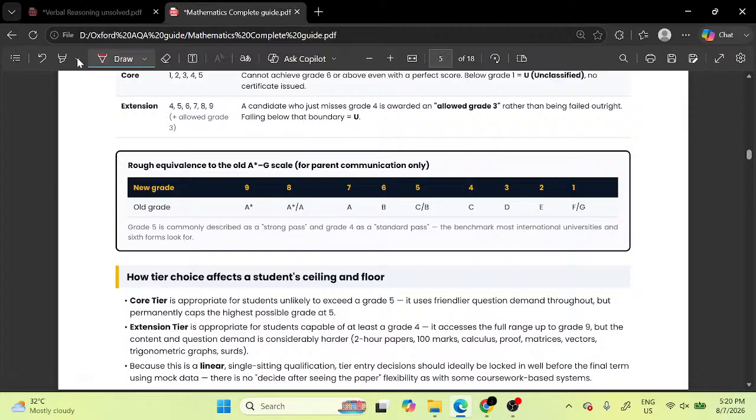A star is exactly 9, and A star or A sometimes gets 8. A is 7, B is 6, B or C can also be 5, C is 4, D is 3, E is 2, and F and G are 1. These are simple examples we can give, but 1 is ungraded in core and 3 is ungraded in extended.